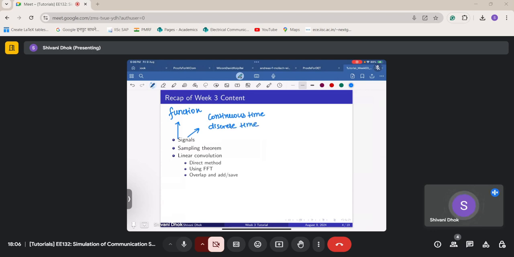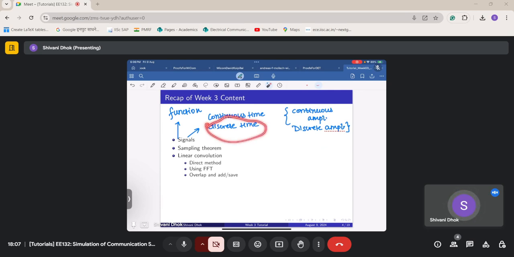This can also be with continuous amplitude and discrete amplitude. Let's not get into that right now. Of course, computer systems can't handle continuous time and continuous amplitude both simultaneously. So we'll go with discrete time signals, and it is quantized based on whatever precision we are using in MATLAB.